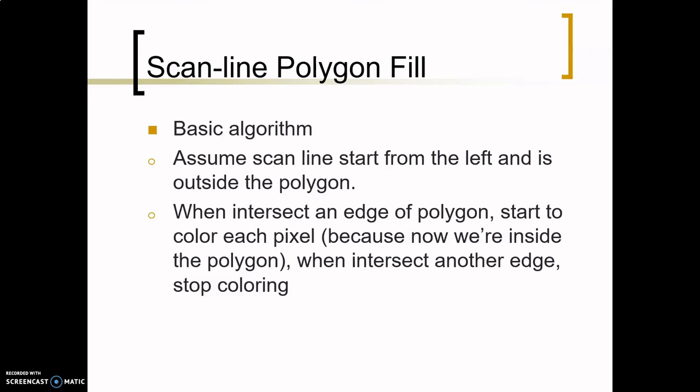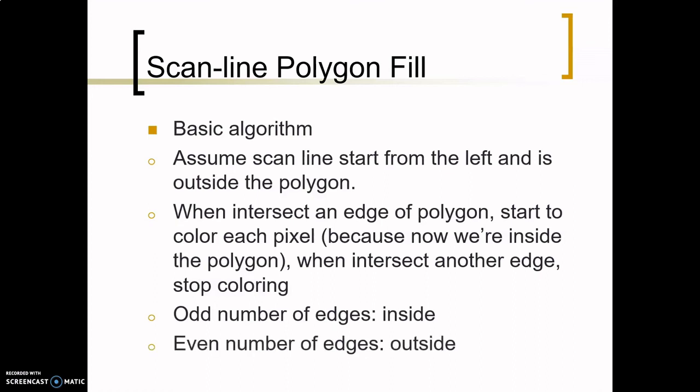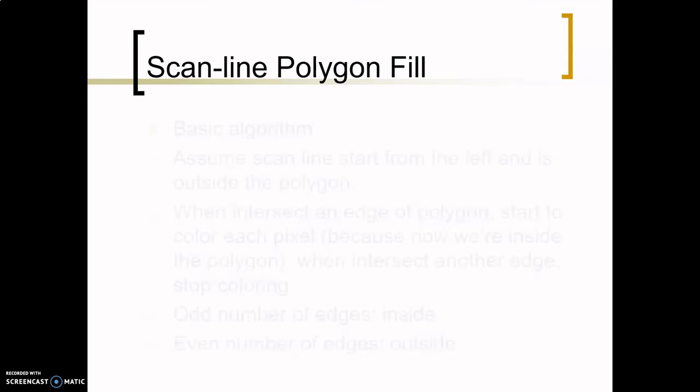When it intersects another edge, stop coloring. That means we will be outside the polygon, so we cannot color that. An odd number of edges means inside and an even number of edges means outside.